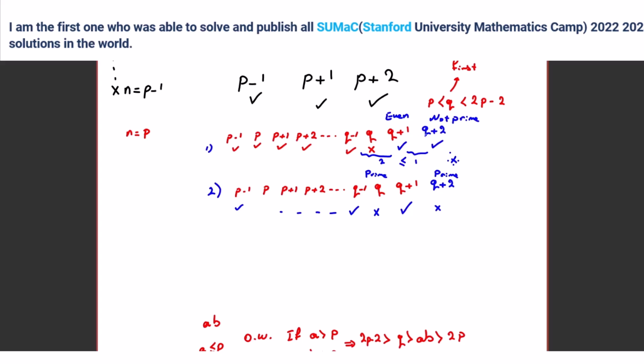In the second case, q plus 2 is prime and not a divisor, so we've not reached a contradiction so far, right? Okay, like a small example, try to see what we did and reach a contradiction for this case. So try case 2.